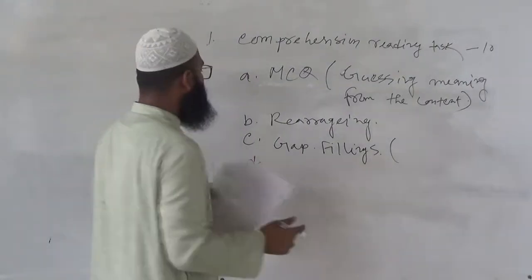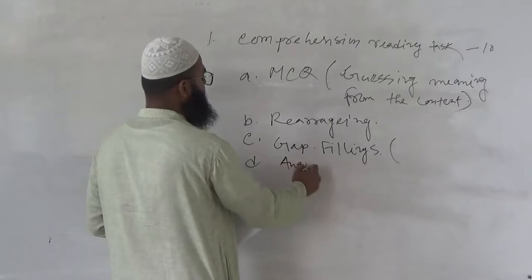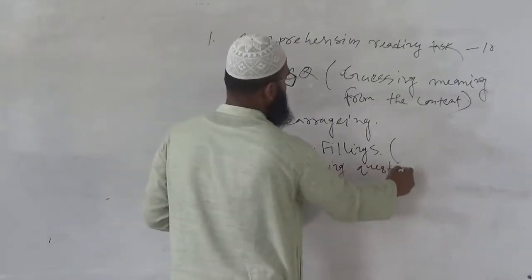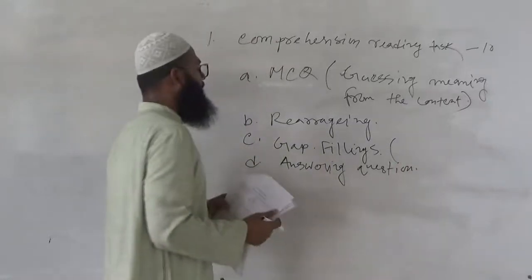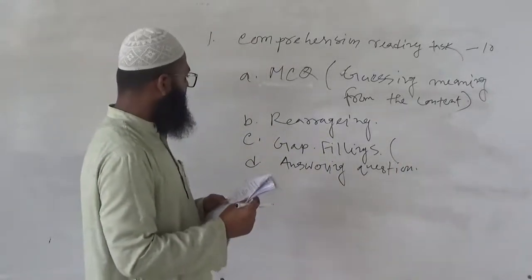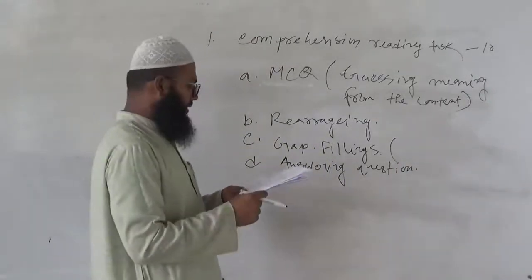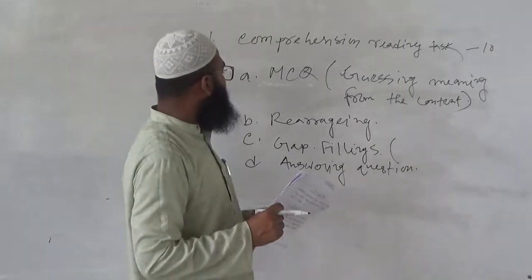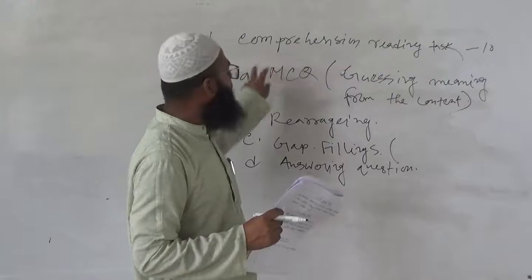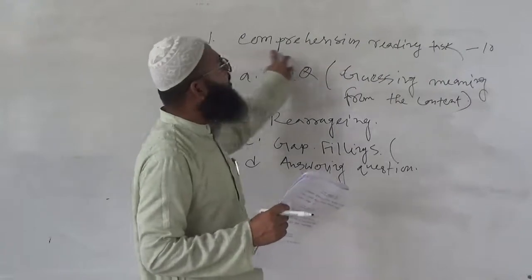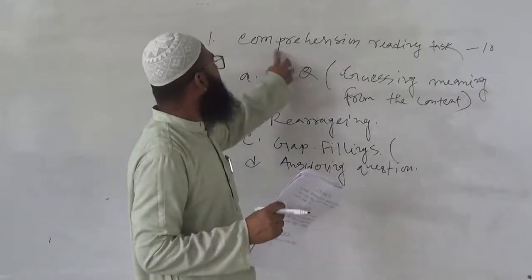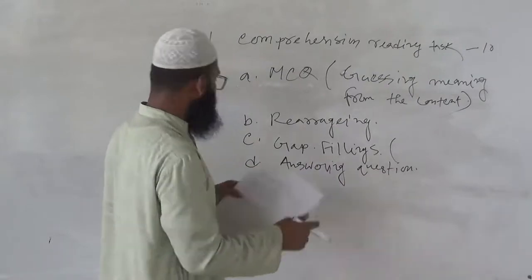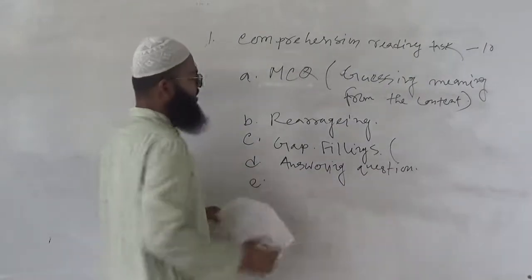But the answering questions. You will get 5 questions or 2 questions, and you have to answer them. In answering, you have to remember that most of the time students quote the answer from the comprehension task, and if it is not appropriate, you have to write the answer yourself. Number E, summarizing.